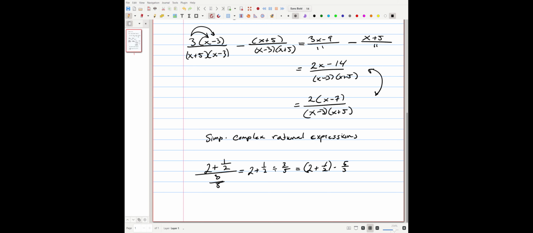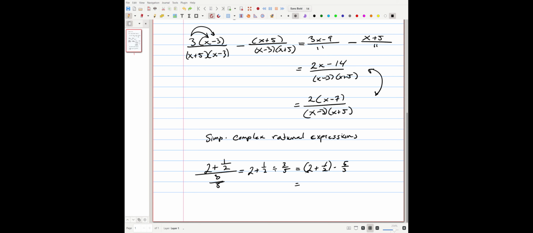Now 2 plus 1/2. We could add these together, but first we need common denominators, right? So we need a 2 on the bottom here. And if we multiply a 2 on the bottom, we have to multiply 2 on the top. Let me just do that in another step.